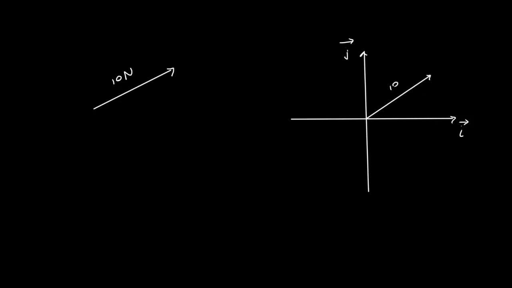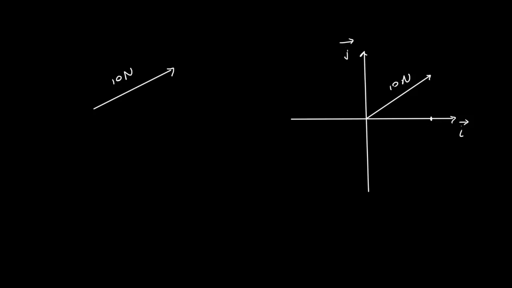So this would have a magnitude of 10 newtons, and what we can do is break that down into its I and J coordinates, if you like, or its I or J components. So we would need to come out here a certain distance in the I direction and then come up along this way in the J direction. So how do we do that?